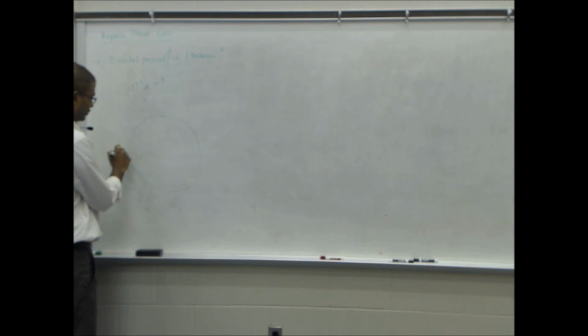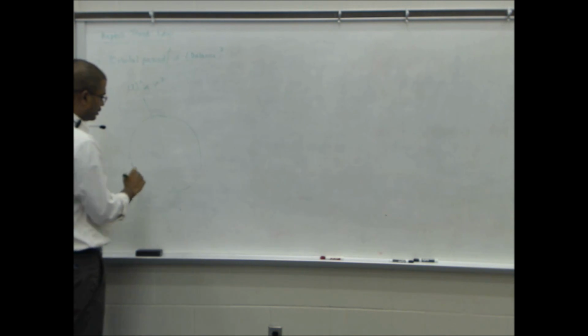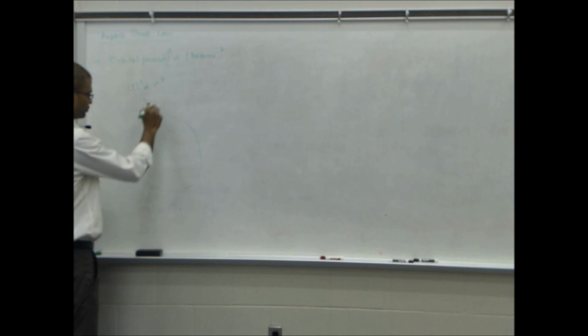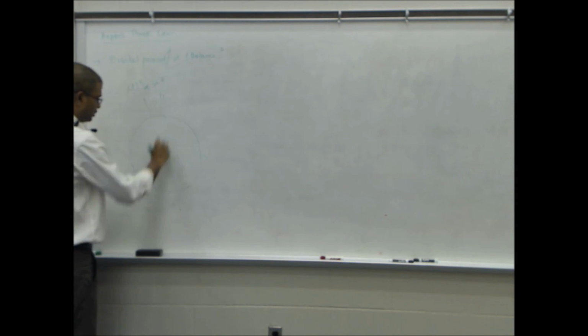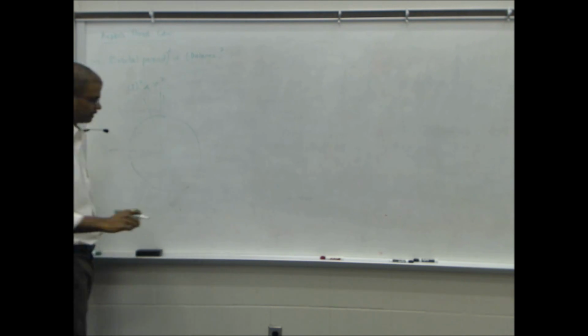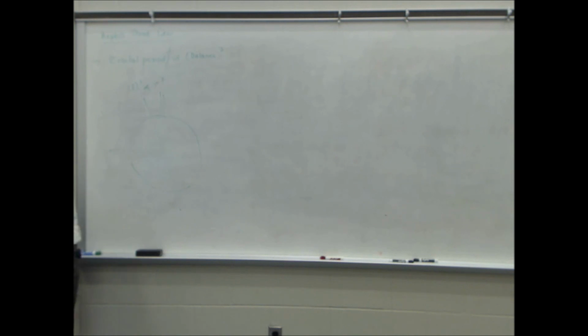The equatorial plane, this is the north-south, and this is the equatorial plane. Okay. So this is the north-south direction. This is the axis of rotation, right?